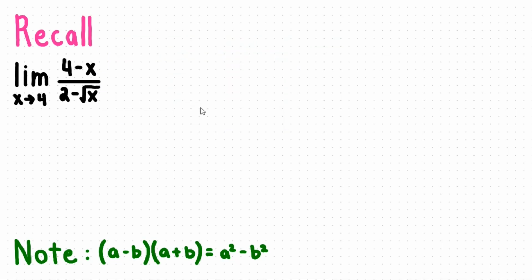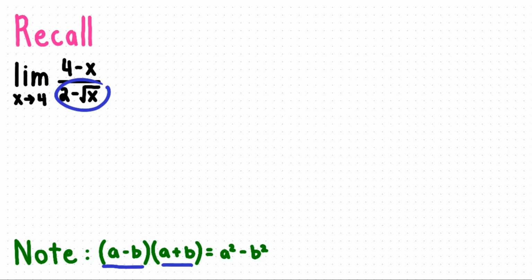So in this one, what do we multiply to rationalize the denominator? Well, we can multiply the sum version of this, since as you can see, this minus version is multiplied by the sum version. So we'll do just that.